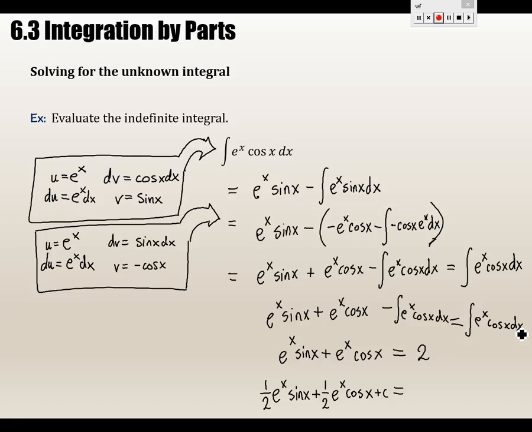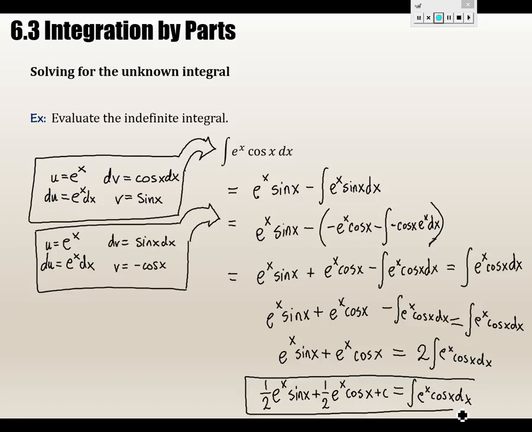I just mean maybe we can handle seeing it over and over again. By the way, feel free to differentiate as usual to check, right? Our final answer: 1/2 e to the x sine x plus 1/2 e to the x cosine x plus C. This technique is called, appropriately, solving for the unknown integral.